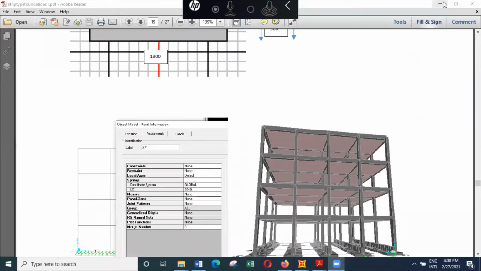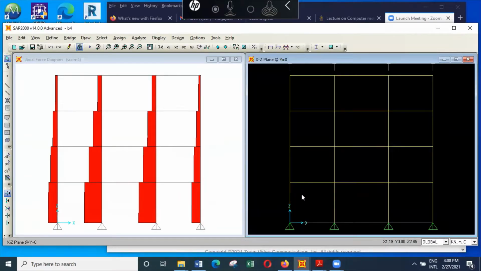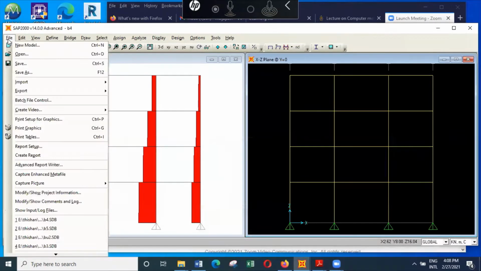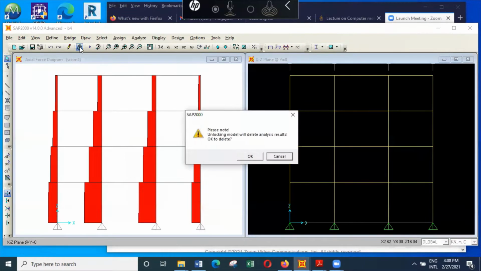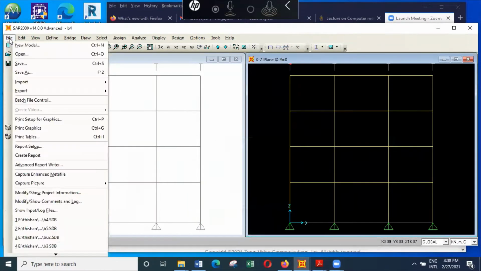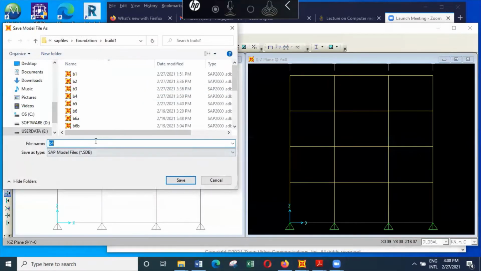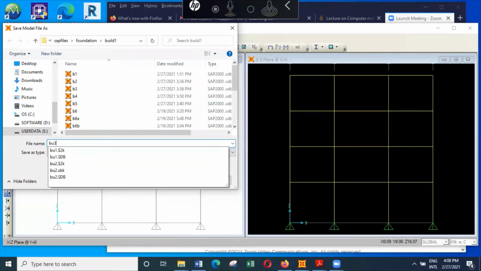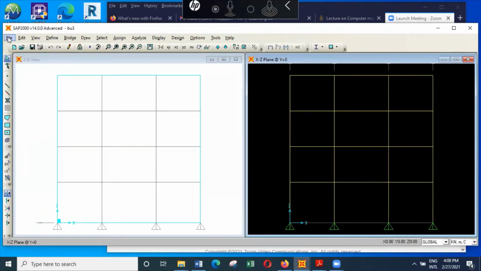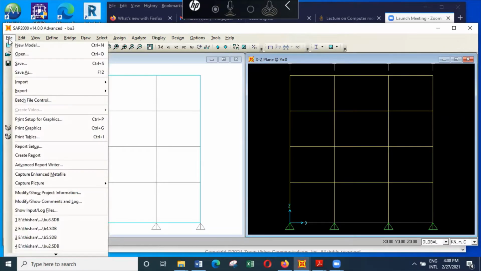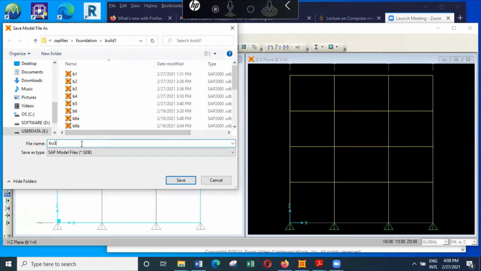So we'll now look at the model, and first I will unlock the model and save this file as BU3, and then I'll save it as BU4 as well.